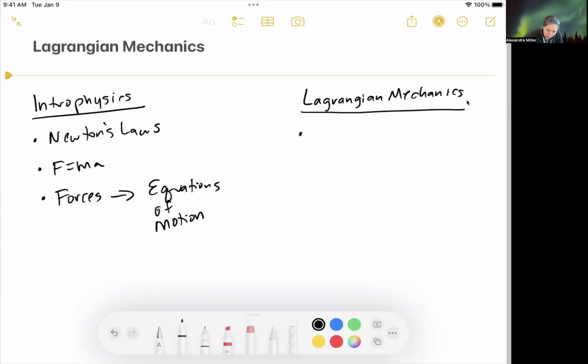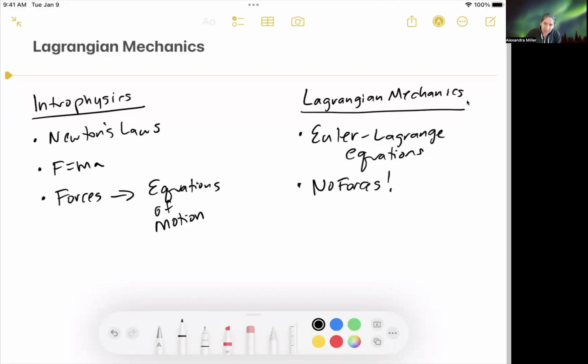So instead of Newton's laws, we're going to have the Euler-Lagrange equations. We are not going to be thinking about forces at all. And instead, we're going to be thinking about energy. So we'll be thinking about the energy of our system, and the potential energies that are involved in our system are going to be much more foundational to telling us what system we're thinking about. So we're going to focus on energy.